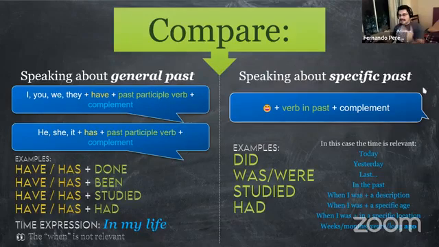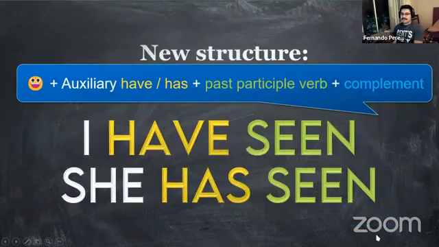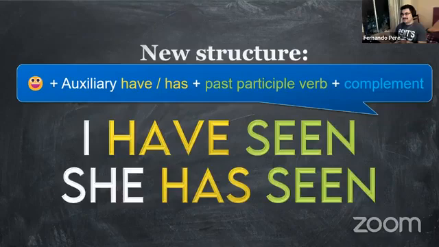Guys, this is the auxiliary have. This is a new structure, and it's super necessary that you dominate this structure for the exam. It's super necessary that you contrast the different pasts in a conversation. One is necessary the past participle, the other is necessary the past.